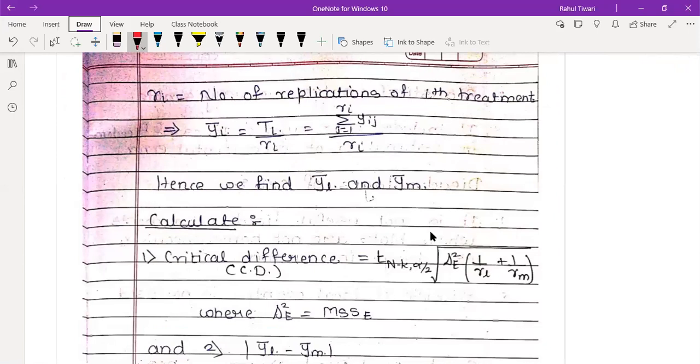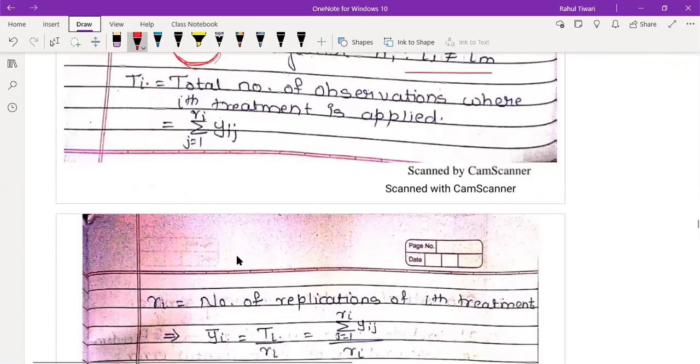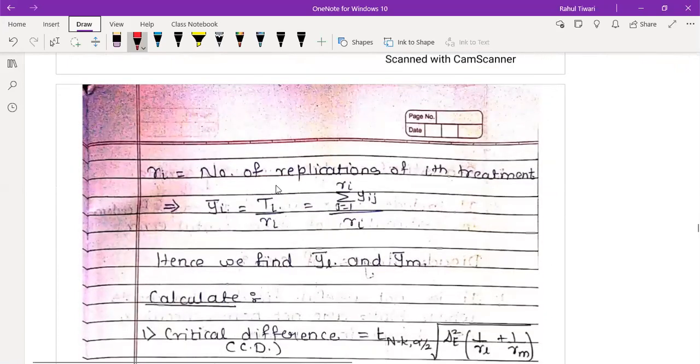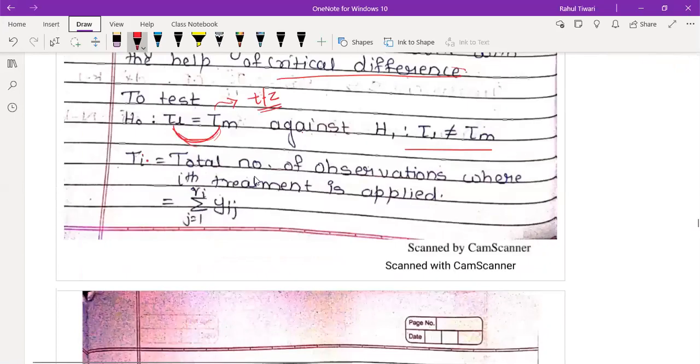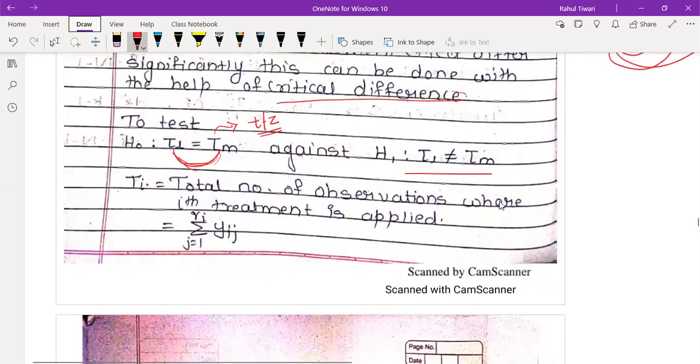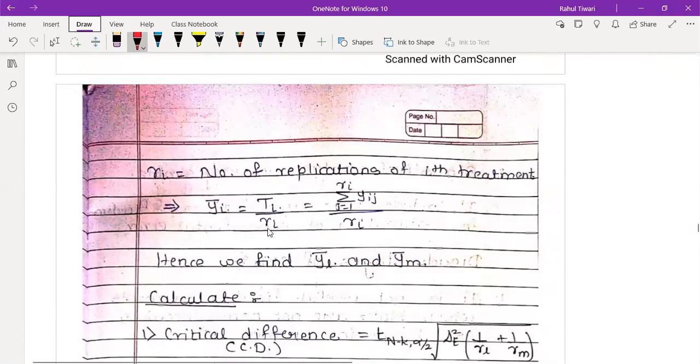It is Ti dot upon Ri, the total of observations where the ith treatment is applied divided by Ri, which gives us Y bar i dot. Hence, we can find Y bar L dot and Y bar M dot.